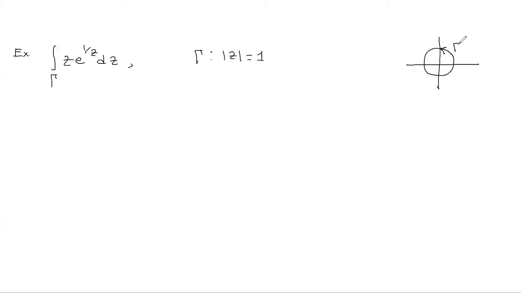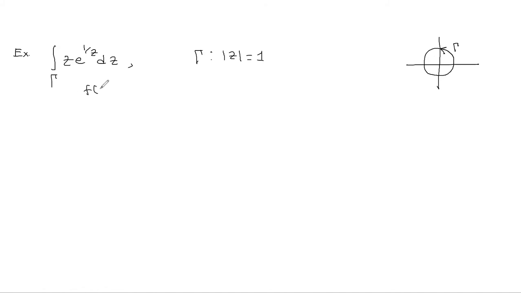Let us take integral over gamma z e power 1 by z dz, where gamma is mod z equal to 1. So our gamma is a circle with center 0 and radius 1, which is a closed Jordan curve gamma. And here, what are the singularities of the function f(z)?